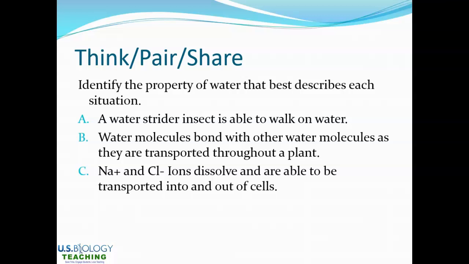Water molecules bonding with other water molecules is cohesion. And lastly, sodium and chloride ions dissolve and are able to be transported into and out of a cell. The fact that they're able to dissolve is because water is a universal solvent. It's able to dissolve those molecules.